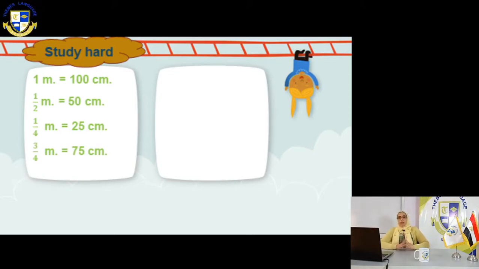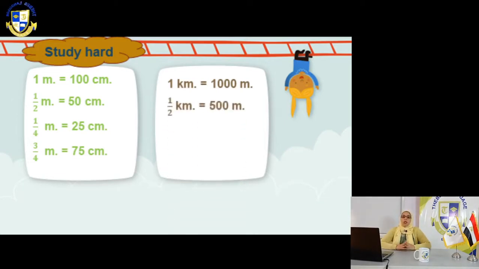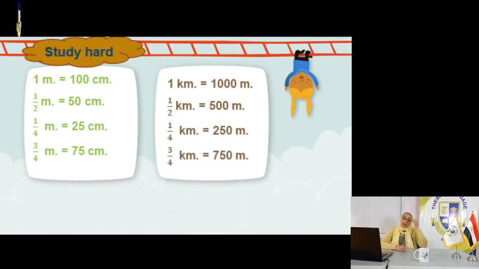But for kilometer, 1 kilometer equals 1,000 meter. Half a kilometer equals 500 meter. Quarter of a kilometer equals 250 meter. 3/4 of a kilometer equals 750 meter. We must study these notes very, very hard.